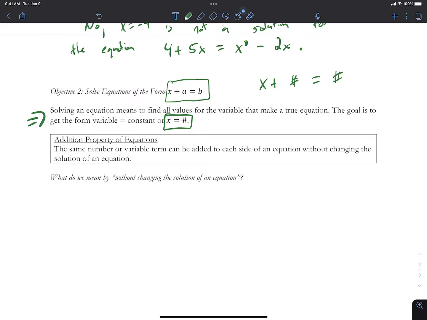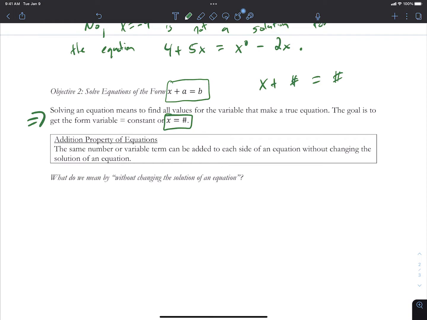The idea of winning is finding the solution, but we can add the same thing to both sides, and we won't change the solution of an equation. And we don't want to change the solution because the solution is what we're trying to get to. It's just hidden, right? We don't want to do something that changes it along the way because then we're not finding out what the solution is.